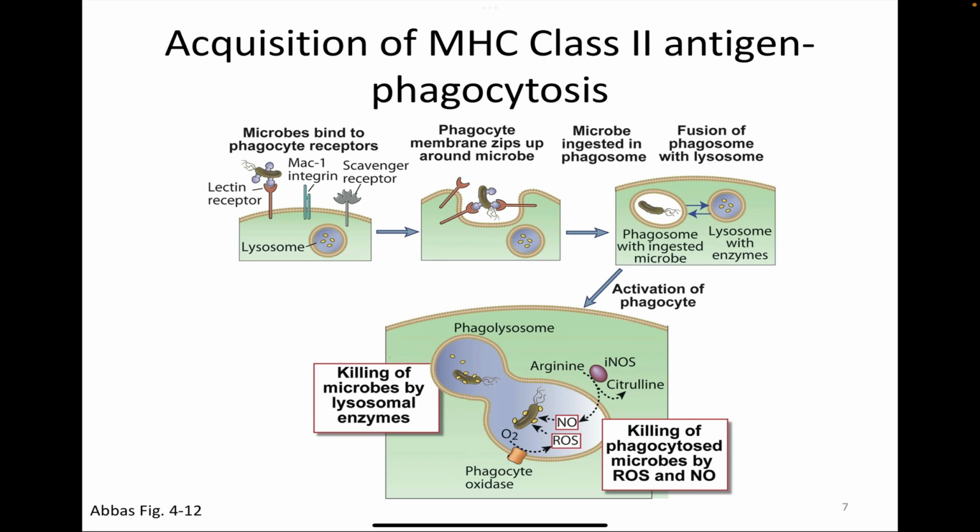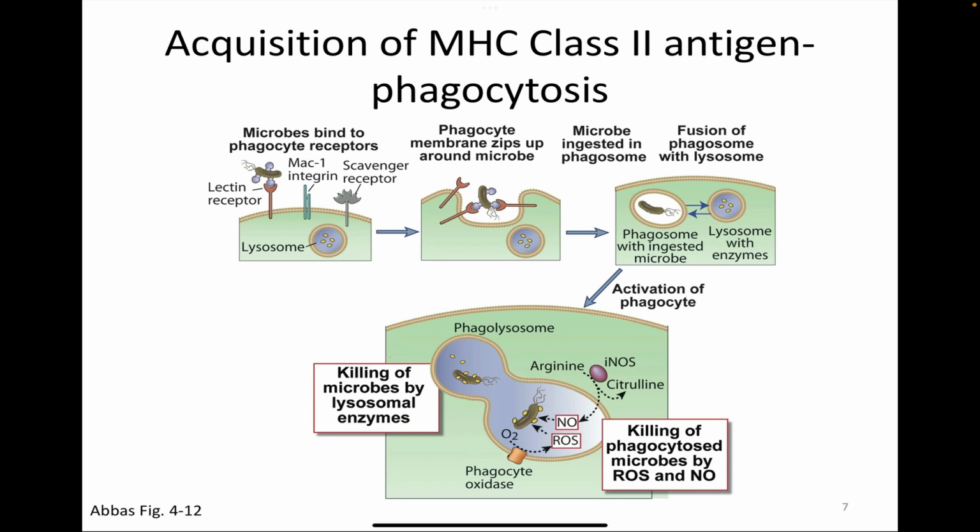There are 2 ways that the cell can acquire the antigen. One of those 2 ways is shown here. And so this is phagocytosis, which we've talked about previously. You can see that we may have some kinds of receptors on the surface of the cell that may bind to the microbe.